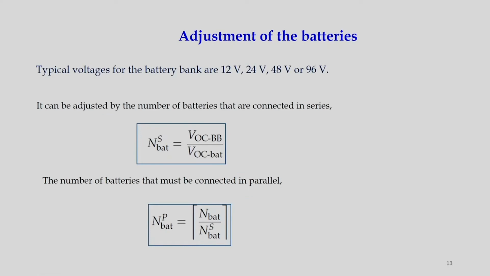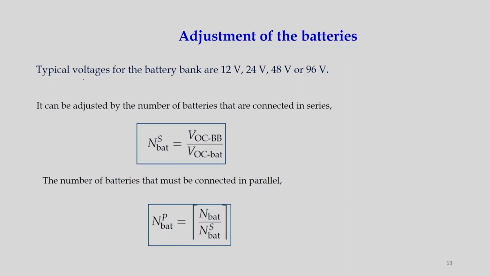Now, we must know the number of batteries to be connected in series and the number of batteries to be connected in parallel. If we consider a typical voltage for the battery bank, it may be 12 volt, 24 volt, 48 volt and 96 volt. These are specified in the case of lead acid batteries. So, it can be adjusted by the number of batteries connected in series.